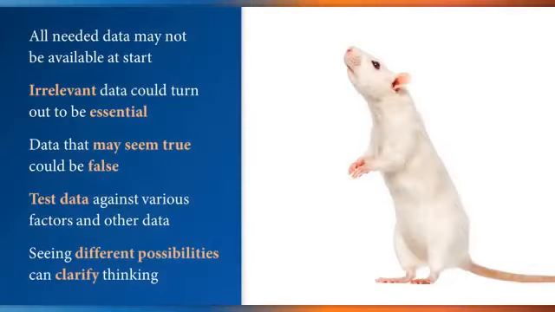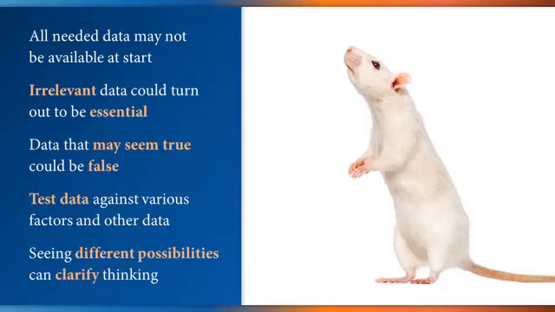So recapping, what can we learn from this example of an investigation and a final story? Well, several things. All the necessary data may not be available at the start to tell a true story. Some of the data that may initially seem irrelevant can actually be essential, and other data that may seem true, such as the patient denies any animal bites, may not prove to be true for various reasons.